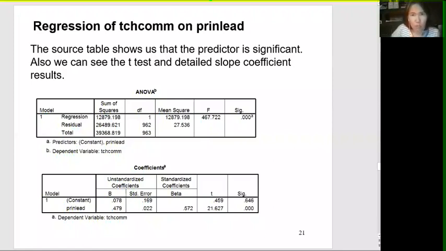The source table shows us that the predictor is significant. Also, we can see the t-test and detailed slope coefficient result. Okay, so this ANOVA is not the same as what I was talking about in the controlled experimental design before, like using categorical variables. That's a type of model which is used in controlled experimental design.